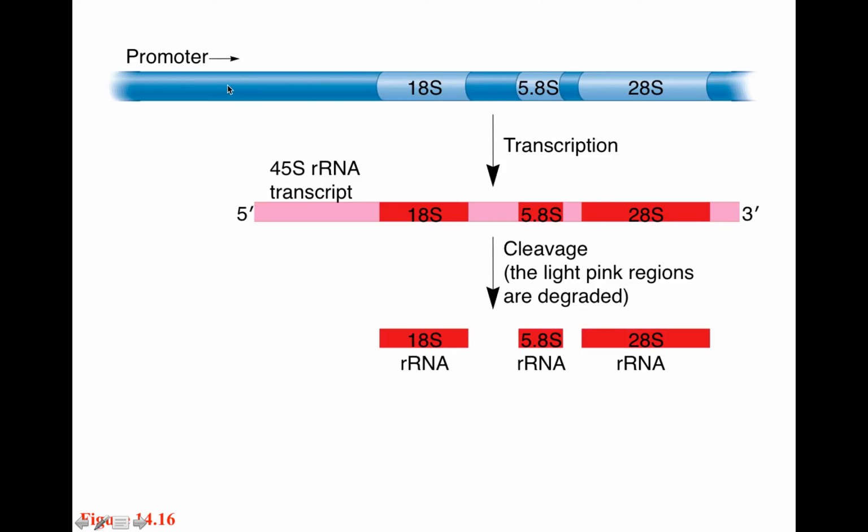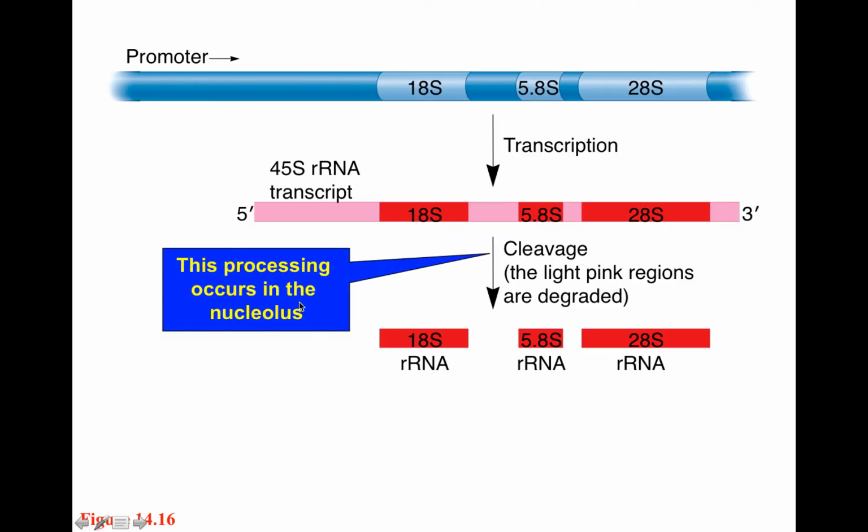So here's the DNA. This is what gets transcribed. RNA polymerase 1 binds here, makes a copy of all of this DNA, and then the RNA is chopped up into the correct pieces, and then these RNAs form the ribosome.